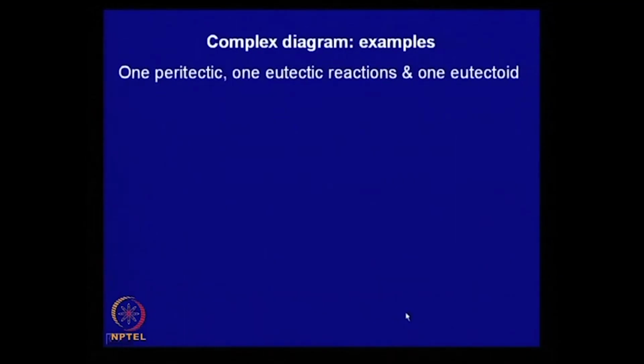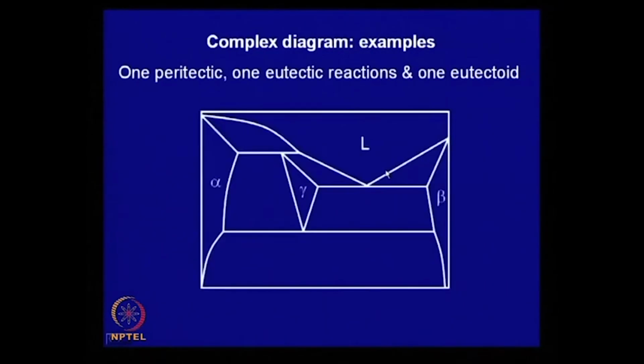Now, let us take up a case where there is one peritectic reaction, one eutectic reaction and another eutectoid reaction. You have 3 isothermal reactions. Now, how do you synthesize this? So, one example which is given is this. These are the single phase regions which have been labeled. I leave it to you to label the others.